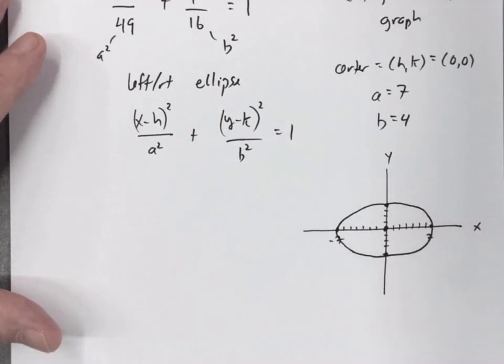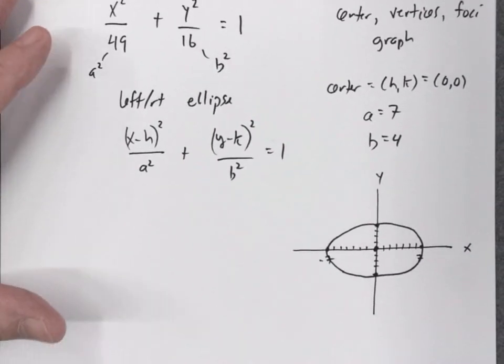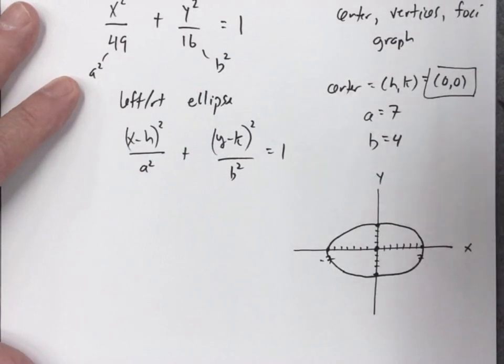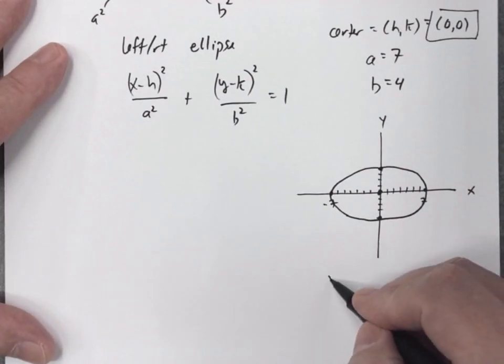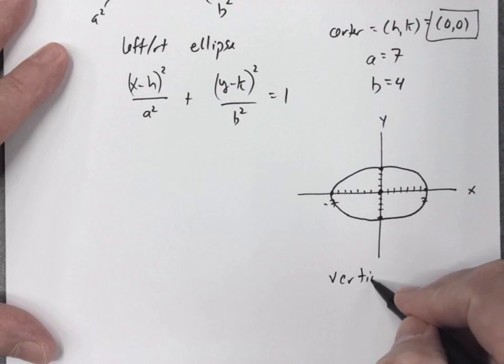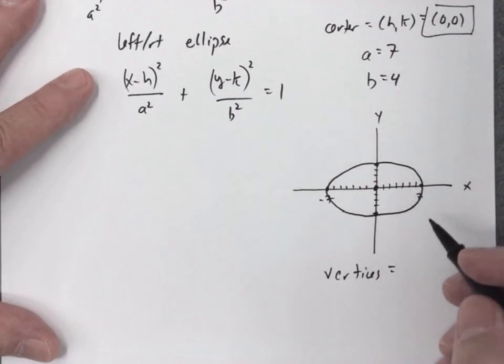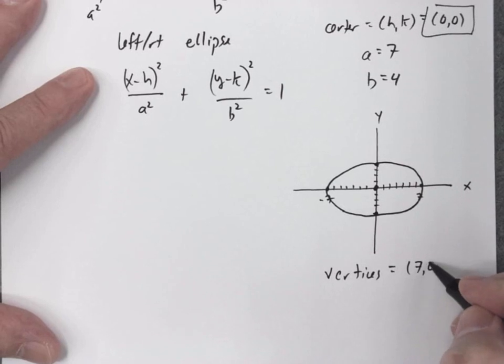Drawing ellipses can be a little tricky. So the center is (0, 0). The 2 vertices, this one is (7, 0). This one is (negative 7, 0).